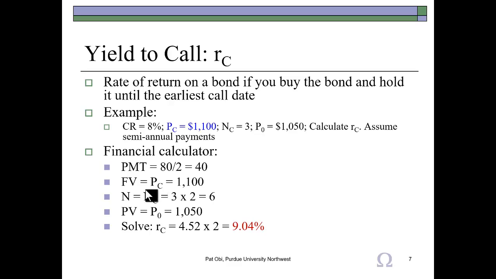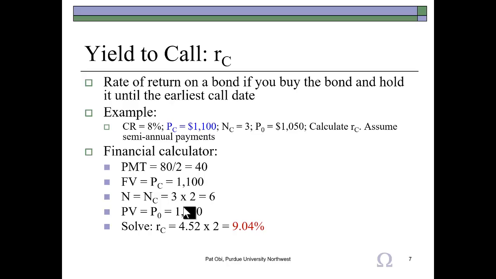And upon call, the future value of the bond, which now let's not call it face value, let's call it the future value of this bond, which would be the call price, would be 1,100 bucks. And we know the number of years to call is 3, so semi-annually speaking, it's 6-month periods. And again, we're assuming you can pay $1,050 to purchase this bond right now.